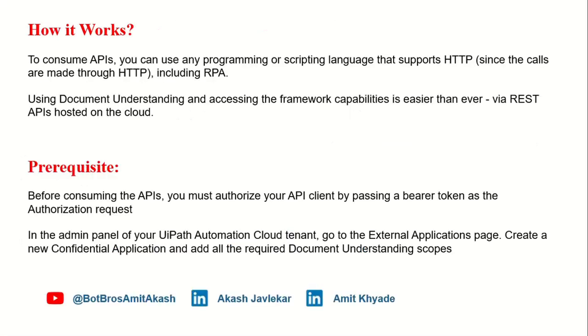So how does the Document Understanding Cloud API work? For consuming this API, we can use any programming language like Python or C Sharp, using HTTP requests. We can access this API via Swagger, which is hosted on the Automation Cloud in Document Understanding. Before consuming this API, there are some prerequisites.